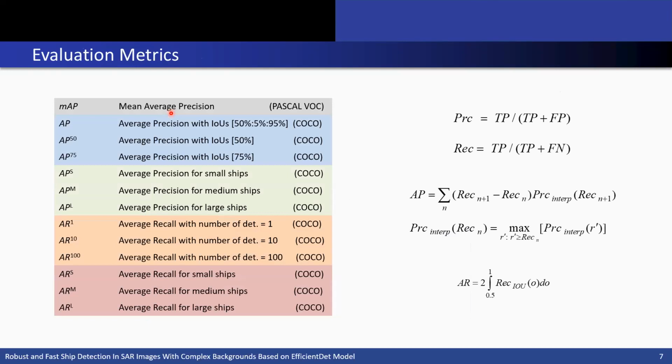I will not explain all these equations and metrics due to time limits, but in this research, 13 evaluation metrics were used, which are also known as Pascal VOC and COCO metrics. Note that average precision measures how many ships are correctly localized, whereas average recall is related to how many ships the detector can find.